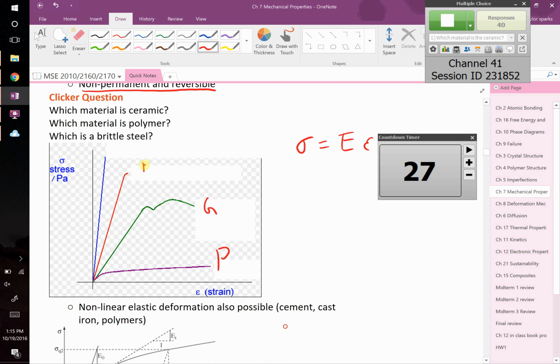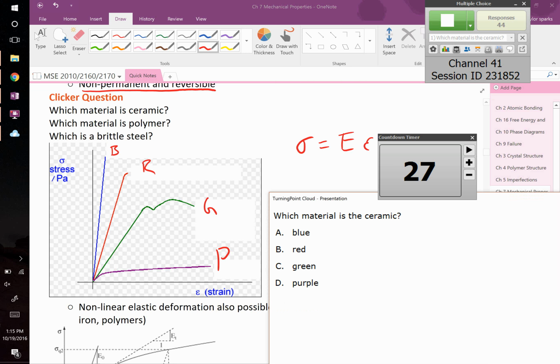Okay, so which one is the ceramic? When you apply a load, think of what happens. Should it stretch a lot or a little?